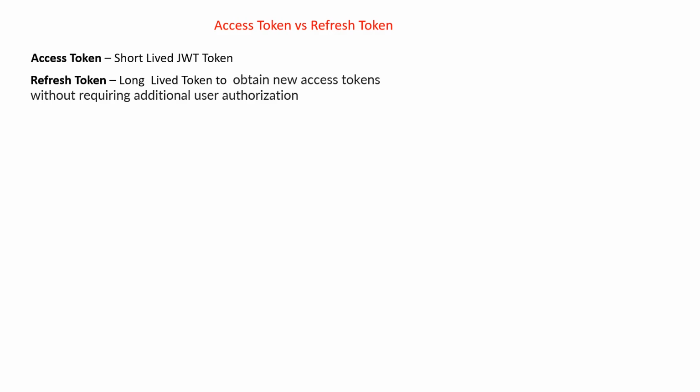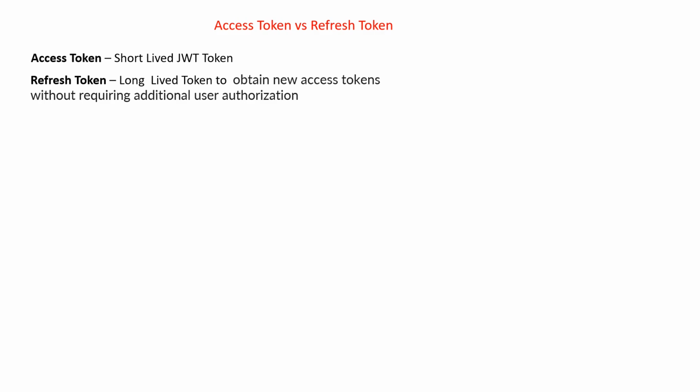The refresh token is stored in the database or some backend, so they are able to authenticate you without your credentials. Once you are authenticated using the refresh token, they issue you a new access token or JWT token which you can utilize further.